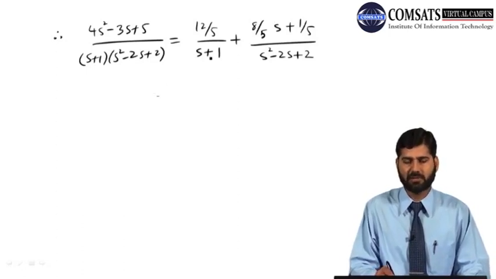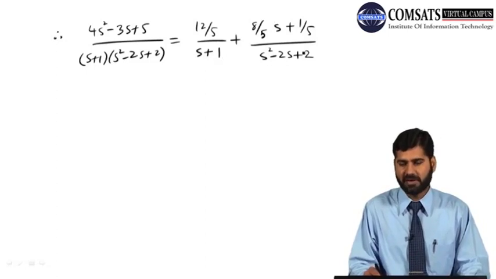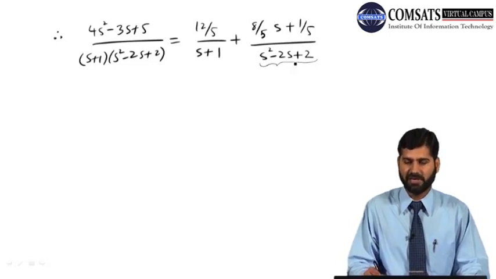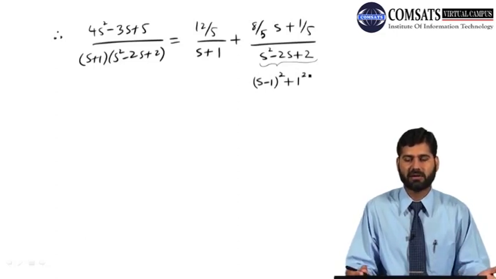This is fine. I know the Laplace inverse of 1 over s plus 1, but here we still have problems. So what we need to do is complete the square here. If you complete the square, it is s minus 1 square plus 1. Because this is s square minus 2s plus 1, and I'm left with another 1 because I have 2, I don't have 1, so I will write plus 1. So plus 1 means plus 1 square.